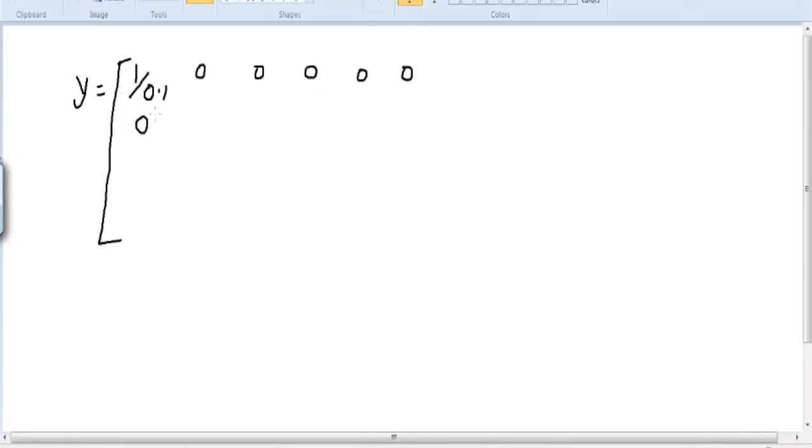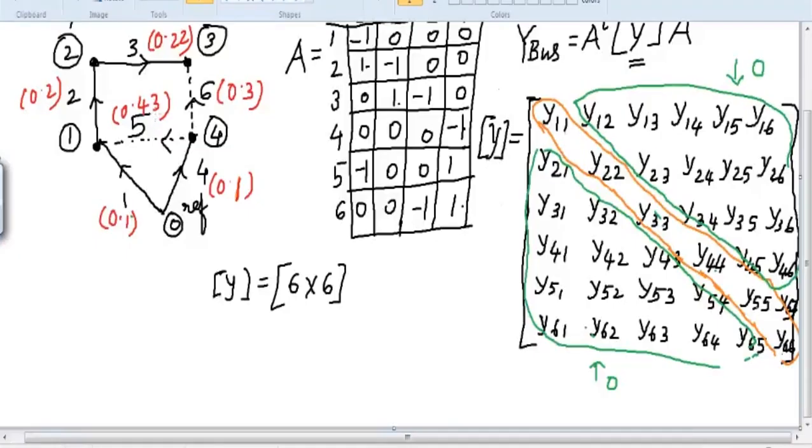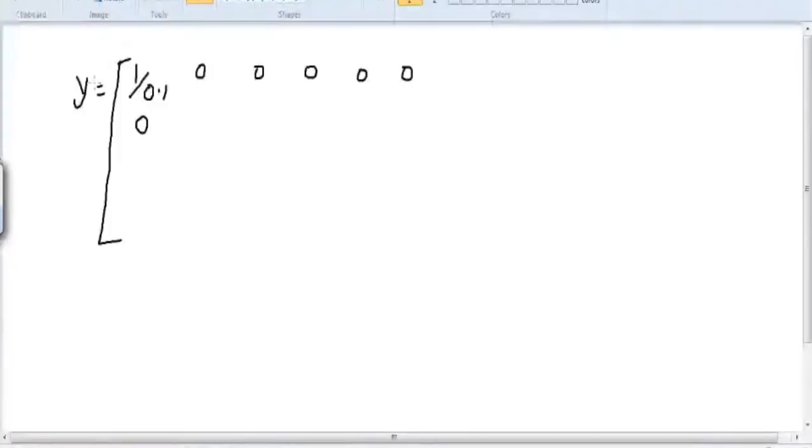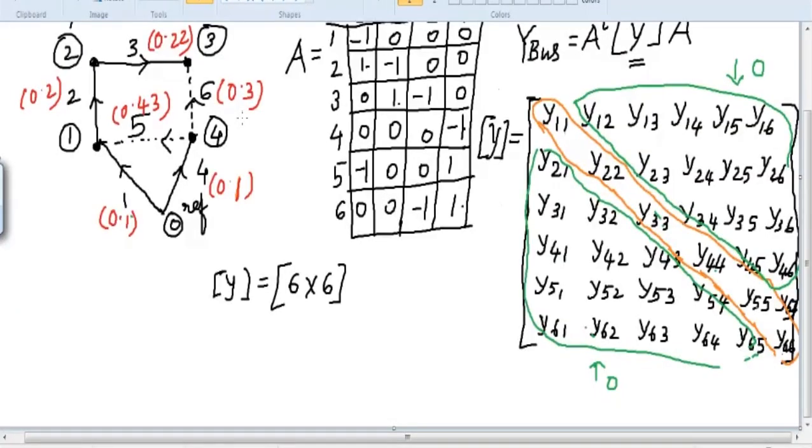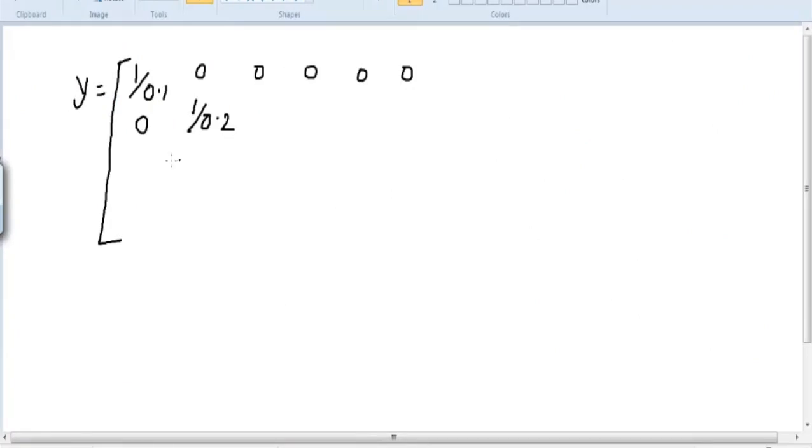Second, let us see what the value is. For element number 2, we go to element number 2, which is 0.2. So we will simply make it reciprocal, that is 1 by 0.2. Then the third element is 0.22, so we will make the third element 1 by 0.22. What about the fourth one?